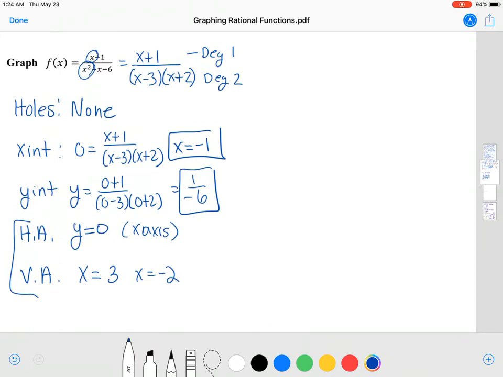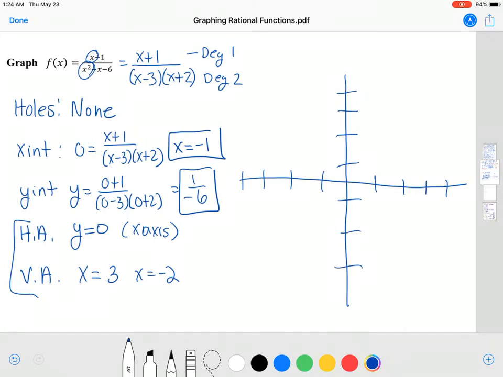Okay, so let's use this information to graph it. I'm making this on a scale of 1. Okay, so we have no holes to graph. For the x-intercept, it's going to cross at -1. So it's definitely going to cross the x-axis at -1.